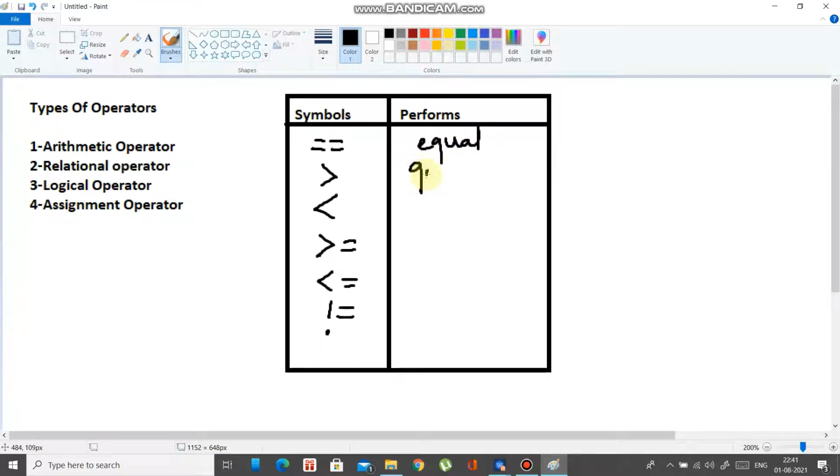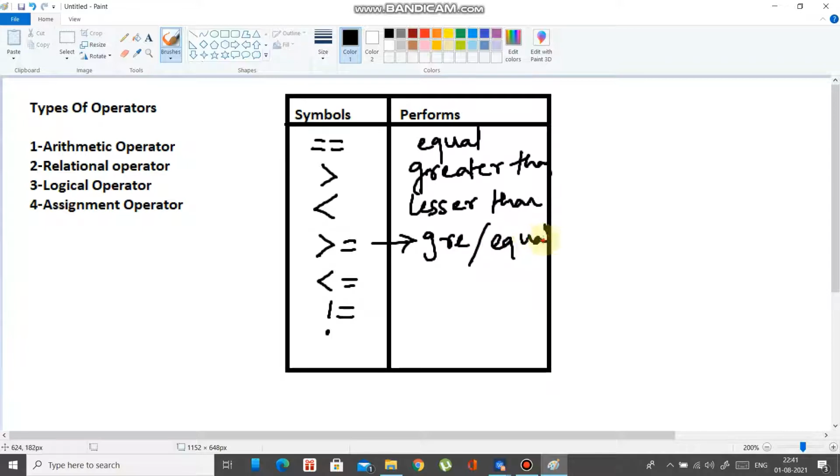Greater than, lesser than. Greater than or equal to accepts if it's greater or even if it's equal. Lesser than or equal to accepts if it's lesser or equal. And this is the not equal to operator.